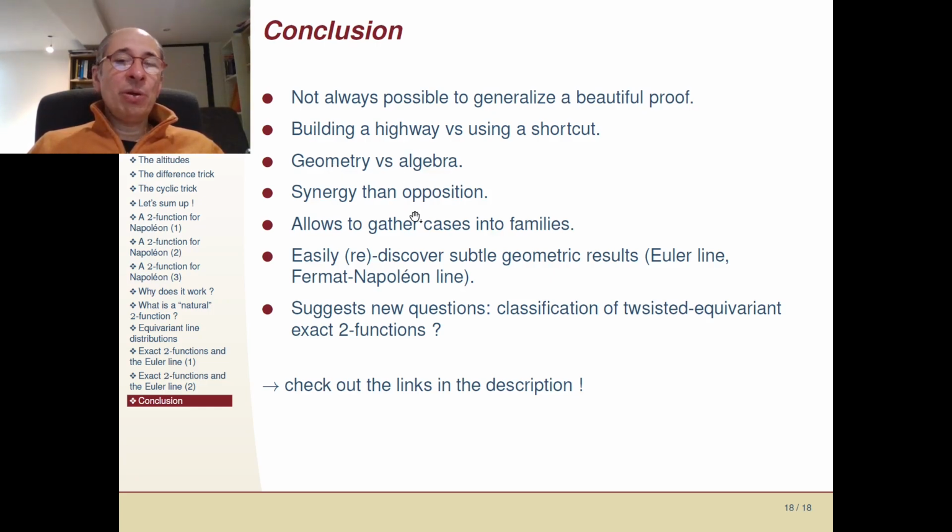But the algebraic approach will allow us to gather cases into families, and also to easily rediscover subtle geometric results, like the existence of the Euler line, or the Fermat or Napoléon lines. It also suggests new questions, more abstract questions, like the classification of twisted equivalent exact two functions, which I started in this video, and maybe I will finish that in some future, but you are welcome to try it yourself if you like.